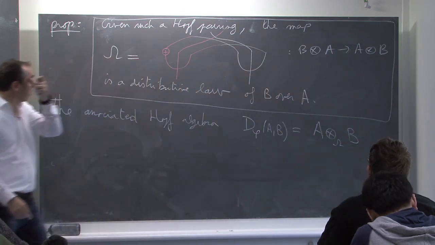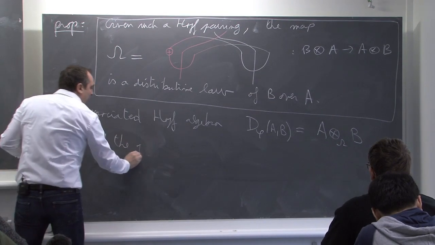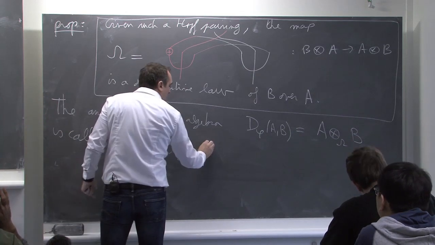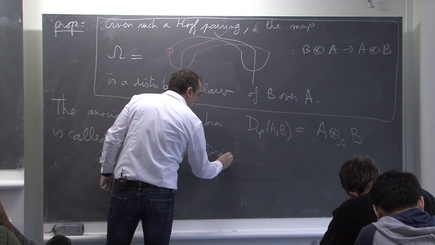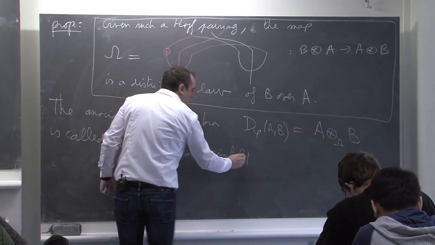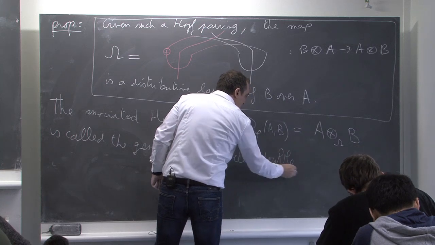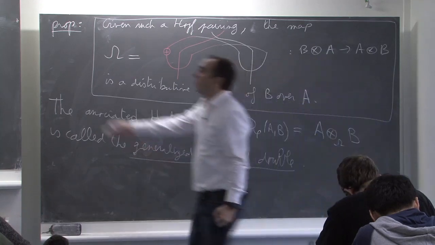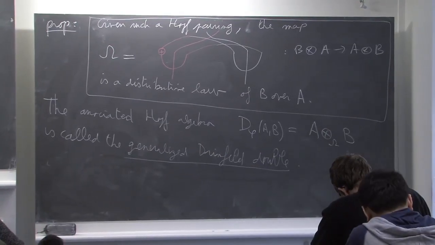So we have a distributive law, which we call the generalized Greenfield double. So if we have a pairing like this, we have a new bialgebra.